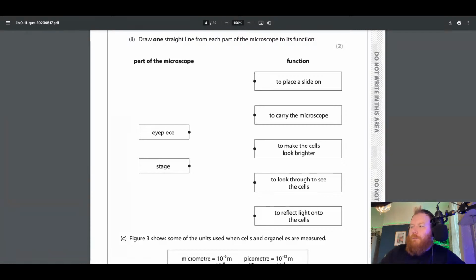You do place the slide on the stage of the microscope. And for those of you not sure what you're looking at, this is a very simple microscope here. And this part here, this is your stage. And we have little stage clips here that we would use to actually hold the slide down.